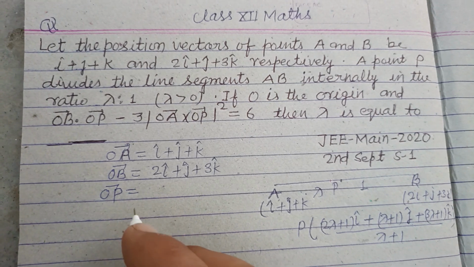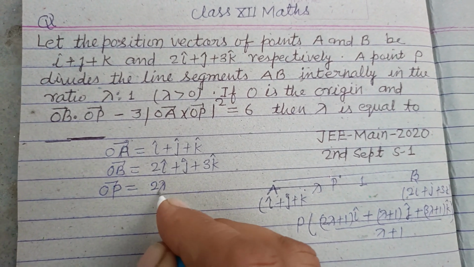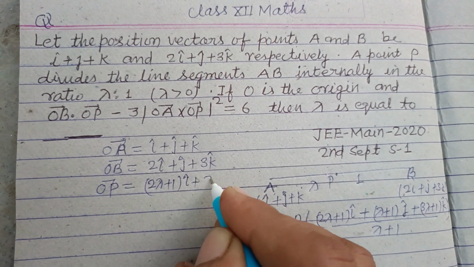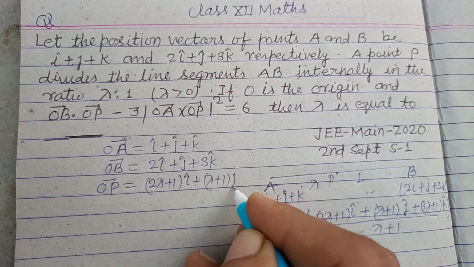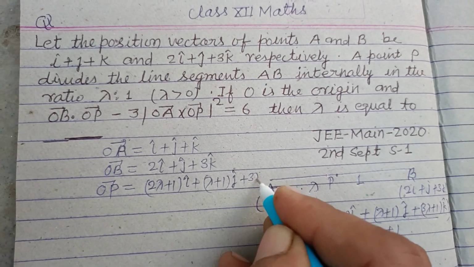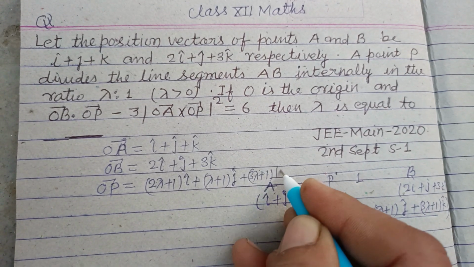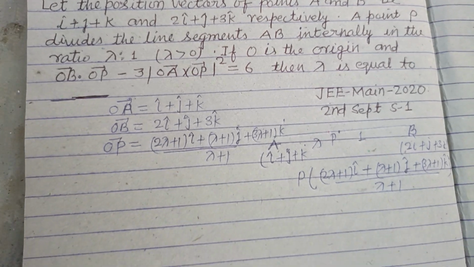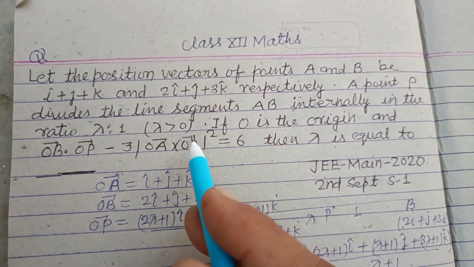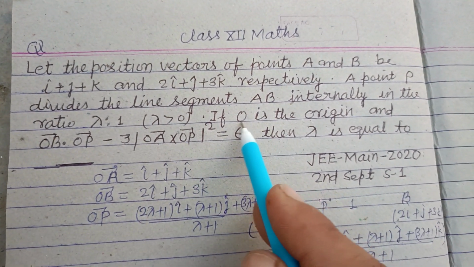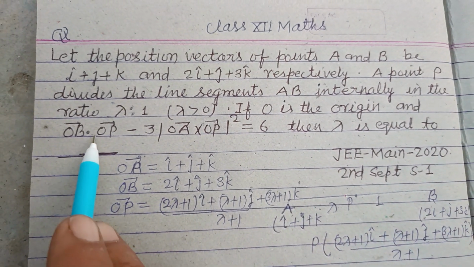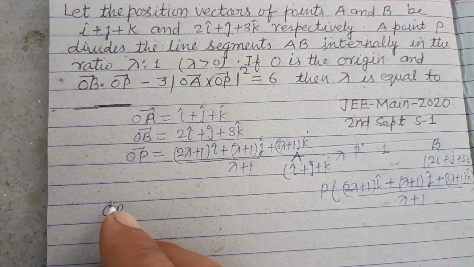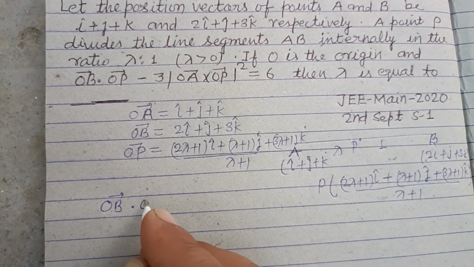So OP is (2 lambda plus 1) i cap, (lambda plus 1) j cap and (3 lambda plus 1) k cap, upon lambda plus 1. Here it is given that O is the origin and OB dot OP. So first we find the dot product OB dot OP.